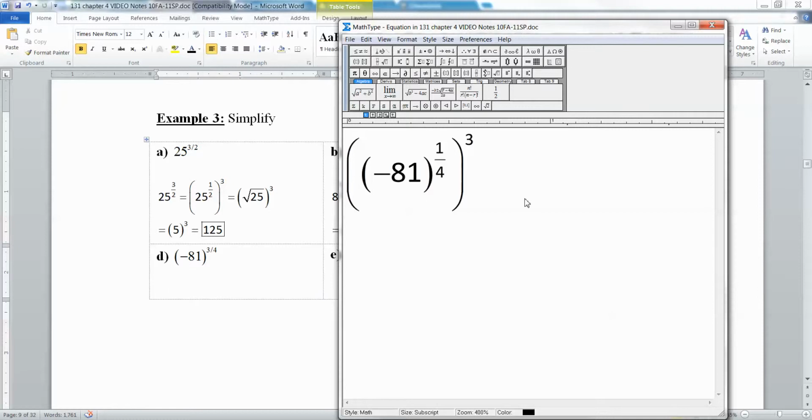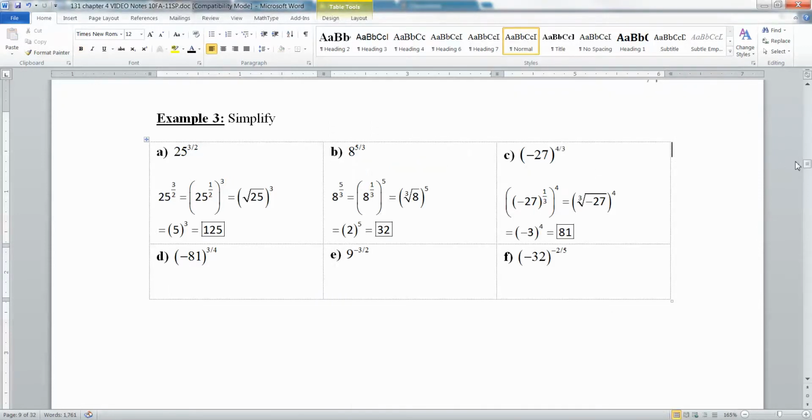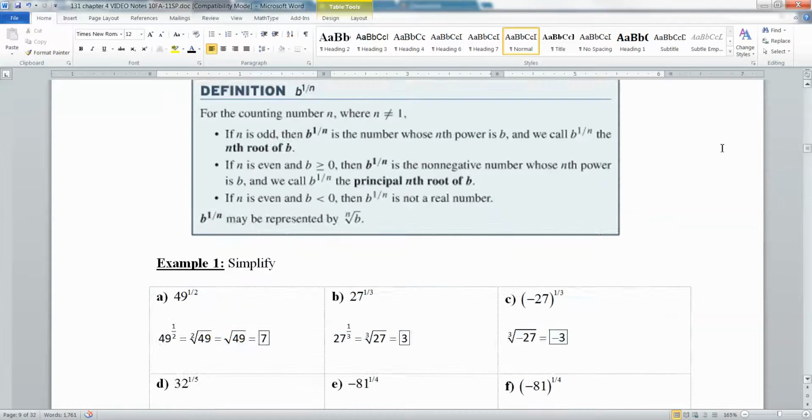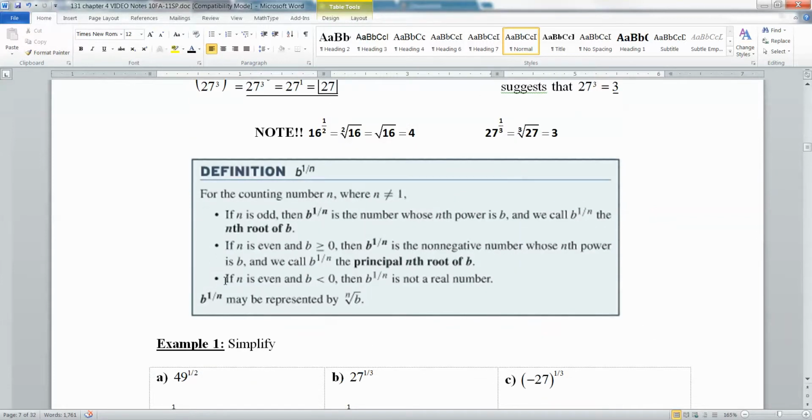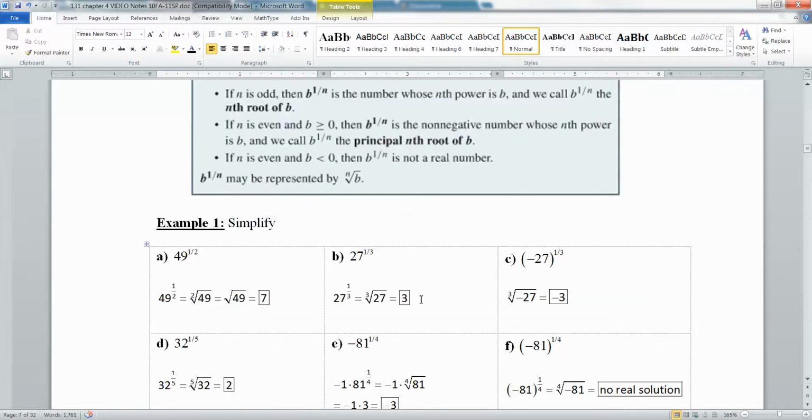Uh-oh. We're in trouble, because I'm trying to raise a negative number. Let's think about what that would mean for a second. It means that you're trying to take the negative 81 and take the 4th root of it. But we already learned way back here, it's the third bullet here: if n is even, like 4, and b is negative, like negative 81, then it is not a real number.